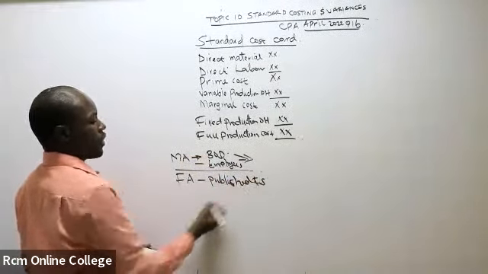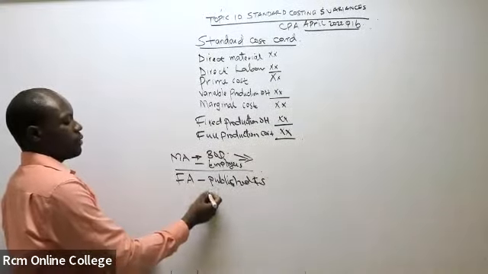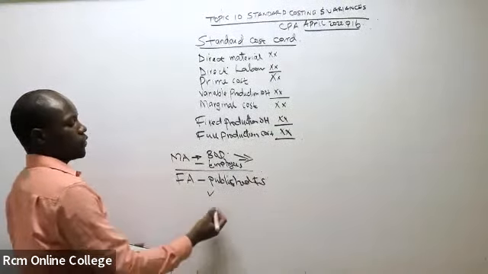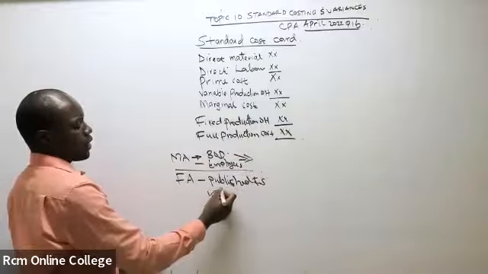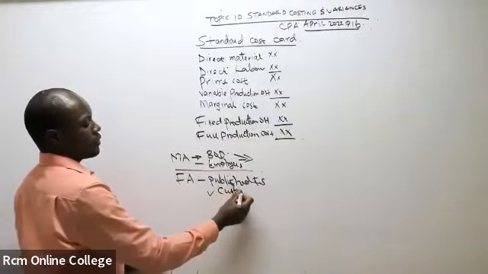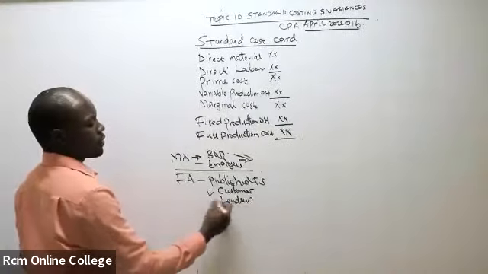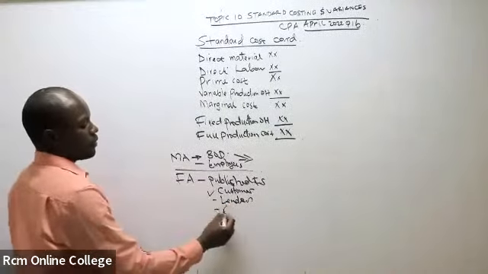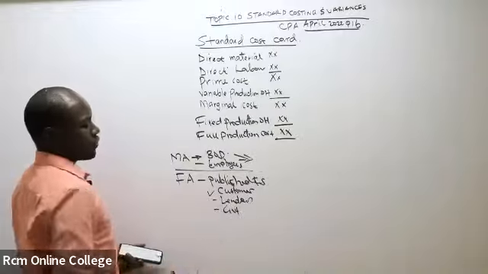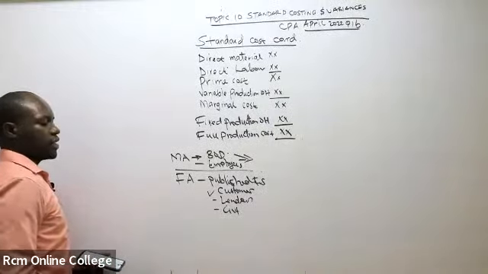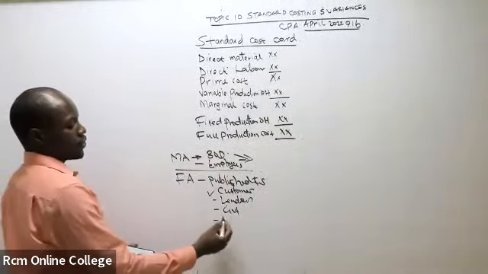The published financial statements are normally published for use by customers. We have lenders. We have government for taxation and, of course, control of activities taking place within the organization.